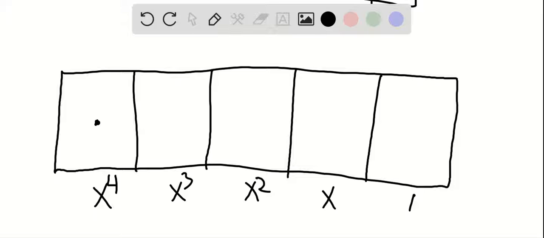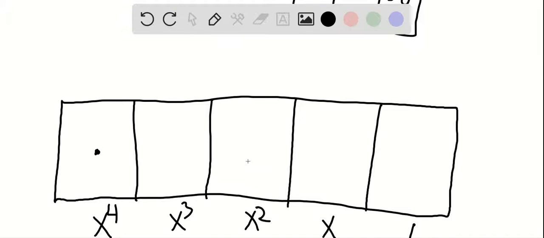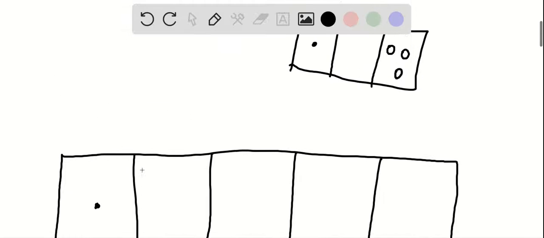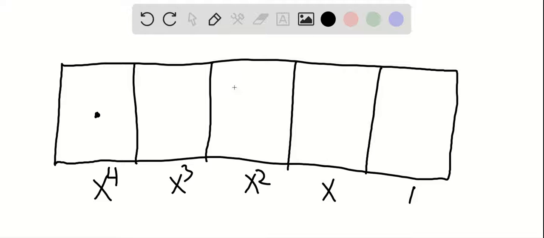So, what do we want? We want these 3 anti-dots that are 2 boxes over from where our one dot is. So, we have our one dot in our x to the fourth. Let's add in these 3 anti-dots. There we have one dot next to 3 anti-dots. But I can't just put in 3 anti-dots. If I do that, I'll need to add 3 dots as well, because anytime we have an anti-dot and a dot together in a box, they just annihilate each other.